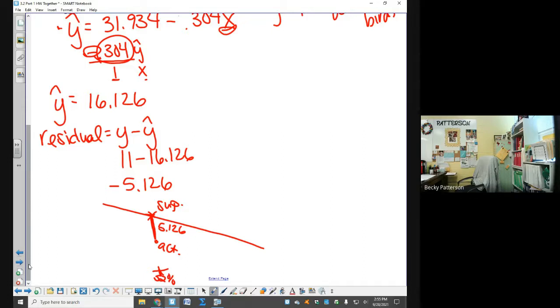There were predicted to be 16.126. We actually only had 11. Y'all with me? So we're 5.126 adult birds less than what we thought we were going to have. Are you okay with that?